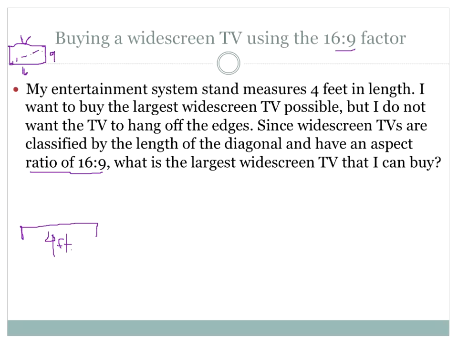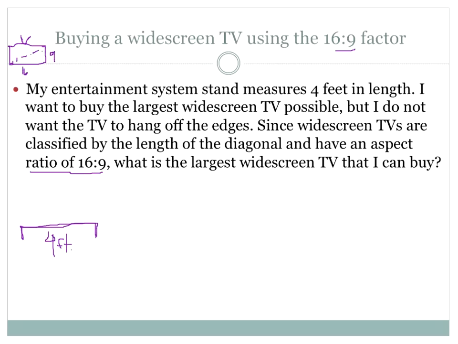Okay, so I want you to chat some ideas of how I need to start this. I know my entertainment system is 4 feet long, but how can I figure out the size of my TV given this information? Go ahead and chat some ideas of what you might do.